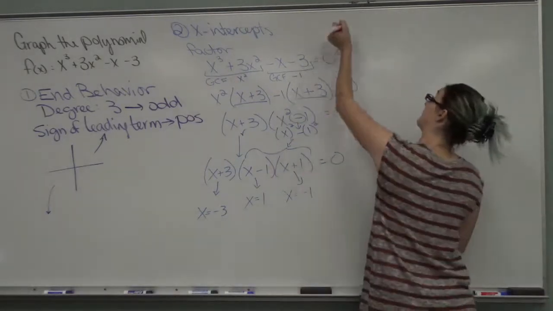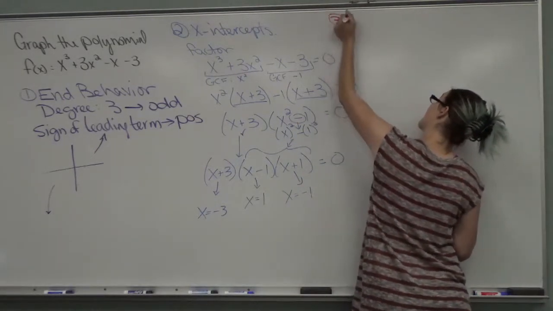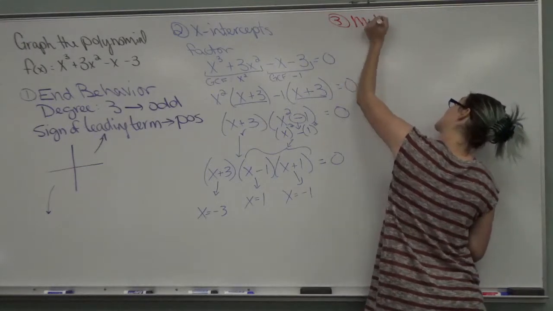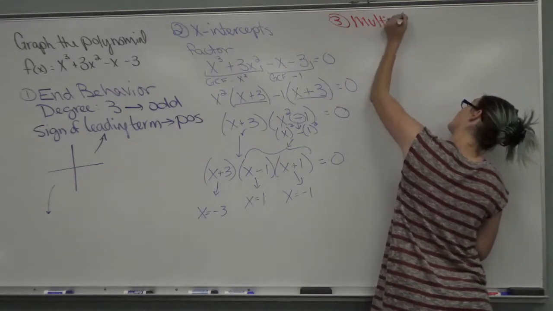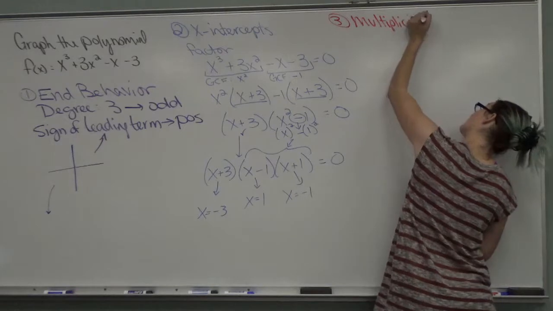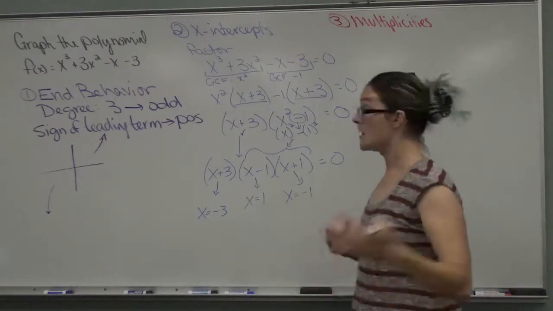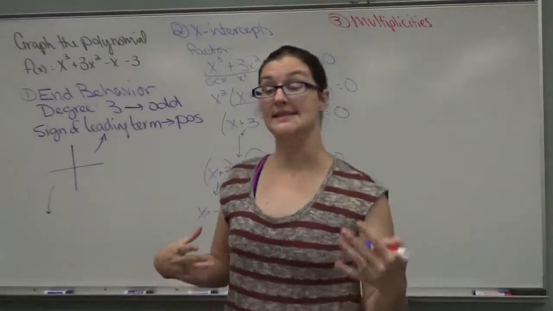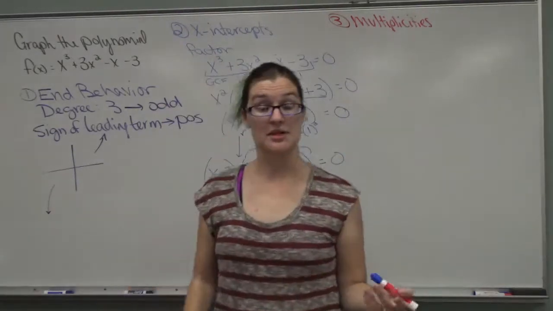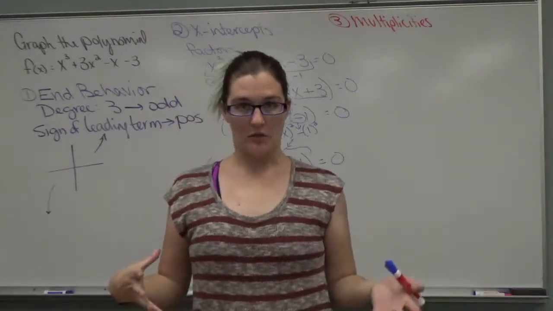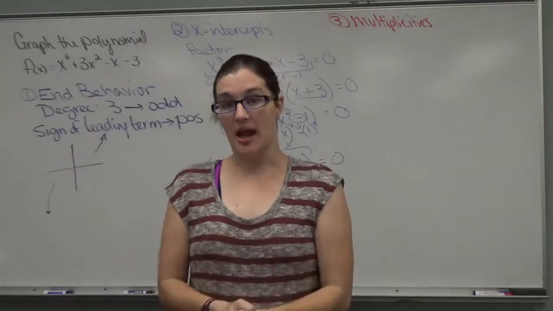Step 3 is going to be your multiplicities. So what we're going to do with the multiplicities, this is something that with the polynomials, when it hits a 0, there's one of two things that could happen.